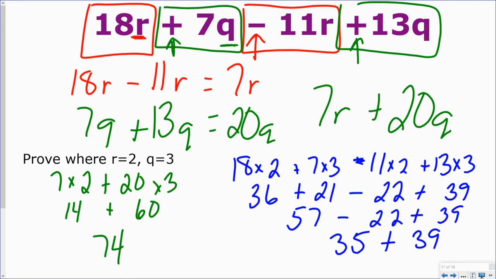And 35 plus 39 gives me 74. And so again, I notice that this is 74. This is 74. So my two expressions are equivalent.